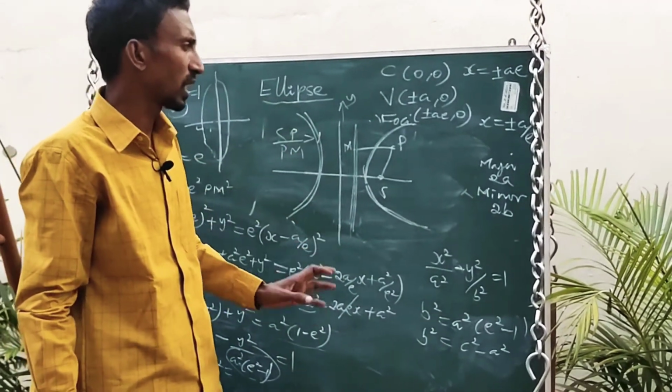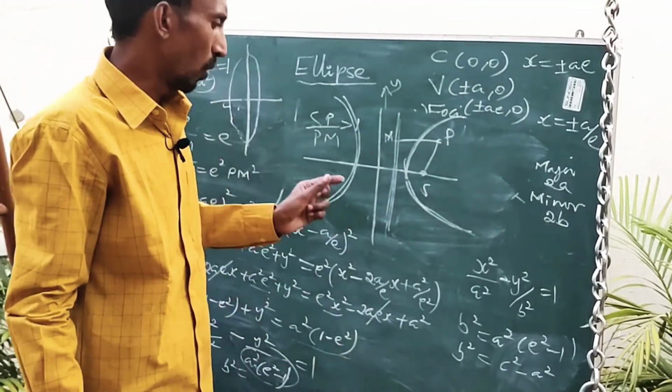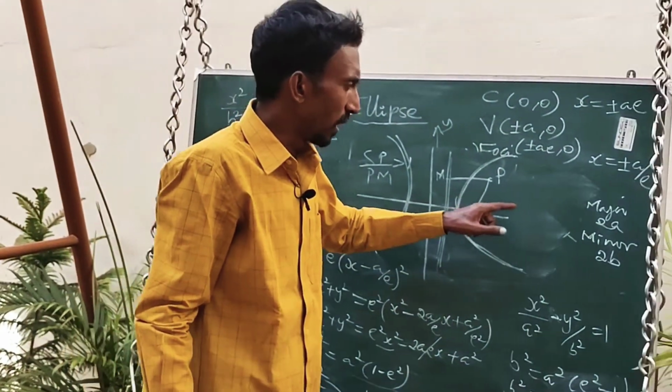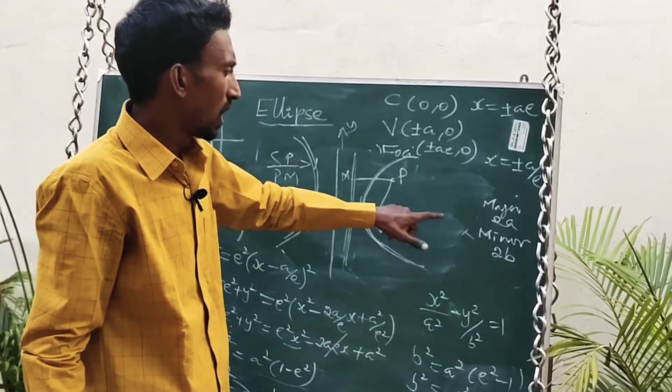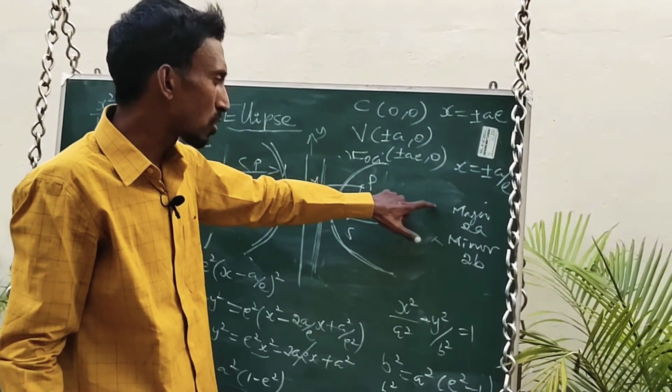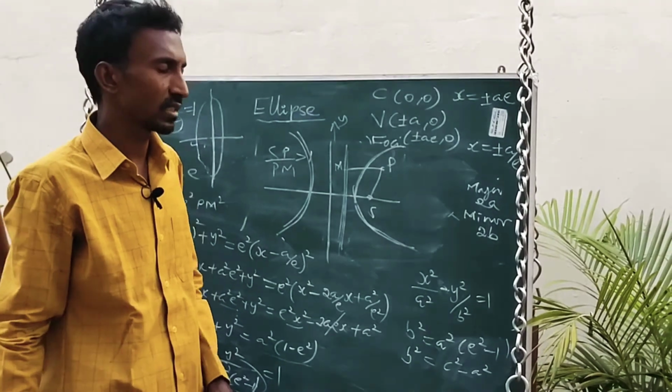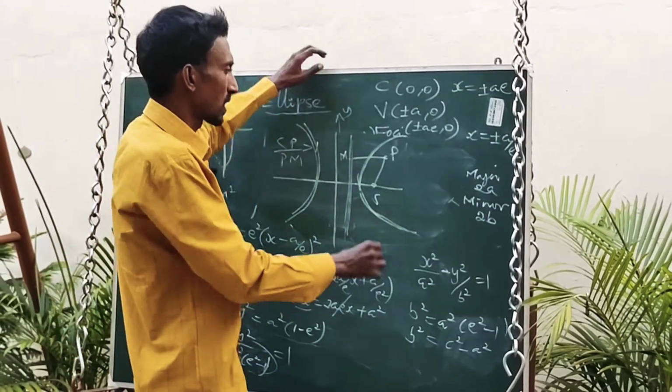The only slight difference in the hyperbola is that the major axis is called the transverse axis and the minor axis is called the conjugate axis.